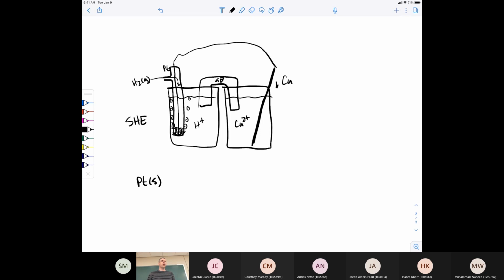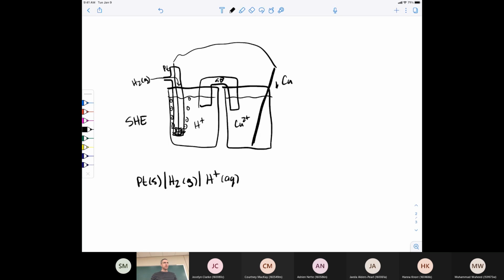We separate them by vertical lines, and again, the convention is to put the most reduced thing closest to the electrode. In this case, in fact in every case, it's the gas that's going to be closest to the electrode. Vertical line, H2 gas, vertical line, H+ (aq).